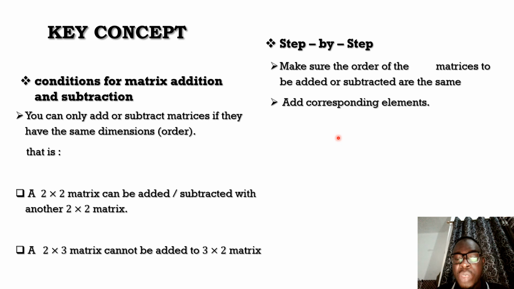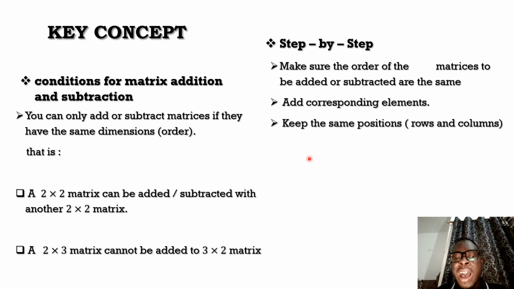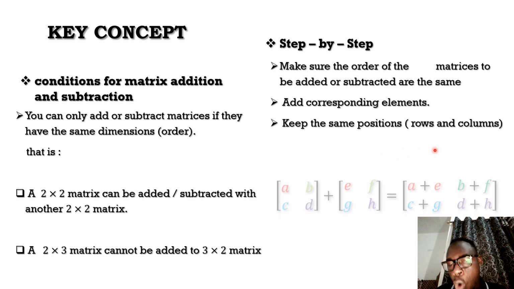That is the main reason why the matrices have to have the same dimension or the same order. After your operation on each of the elements, we keep them in their same position, that is in their rows and columns.